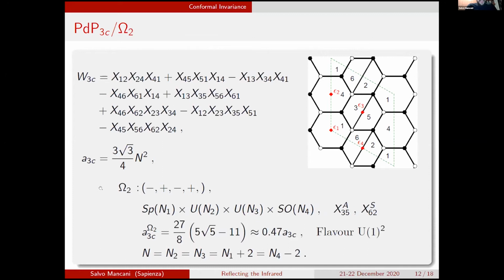But if we choose the signs differently in the projection omega 2, one flavor symmetry is broken, and there is a different relation between the ranks of the gauge groups, and there is a conformal point, but actually it is in the infrared, as we can see, because the A charge is less than half with respect to the parent theory.